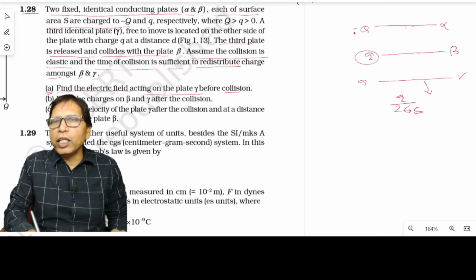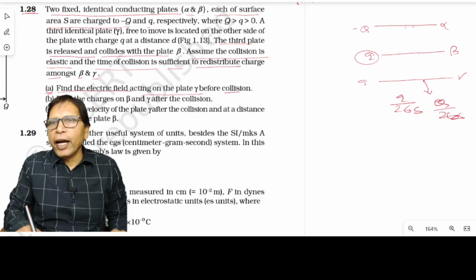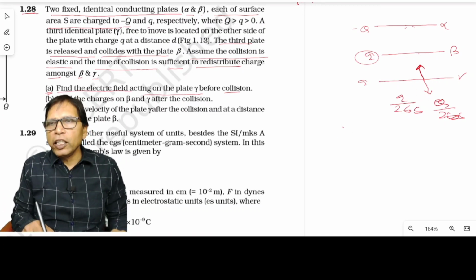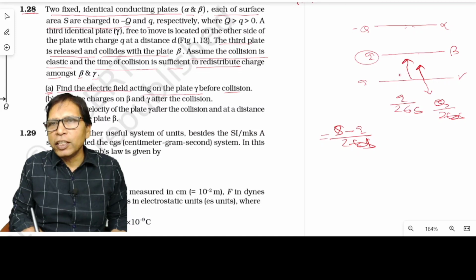Now the electric field due to the minus q charge is q divided by 2 epsilon naught S, and this field is directed along this direction. So the net electric field towards beta is equal to (q minus q) divided by 2 epsilon naught S, in this direction.